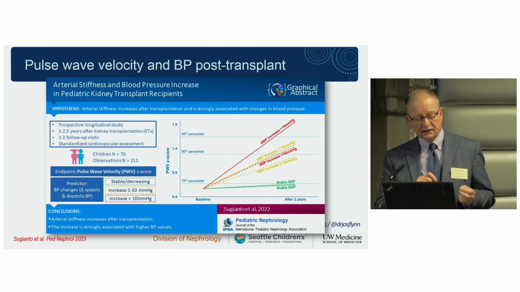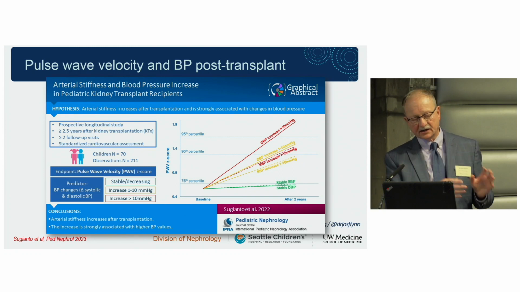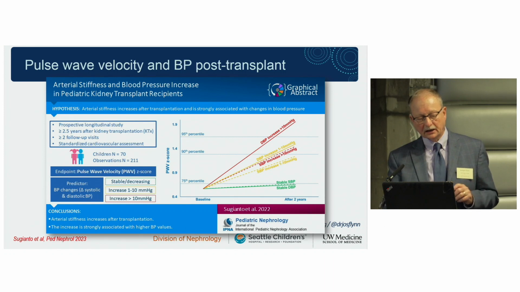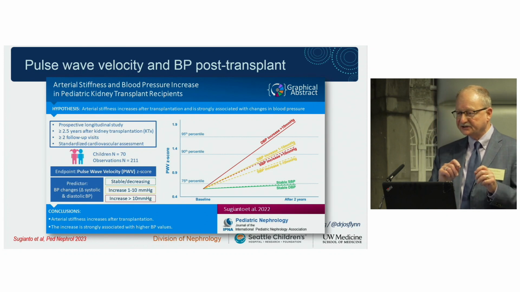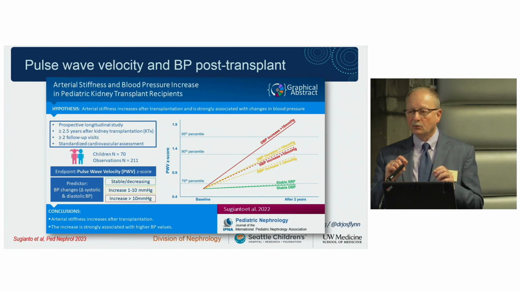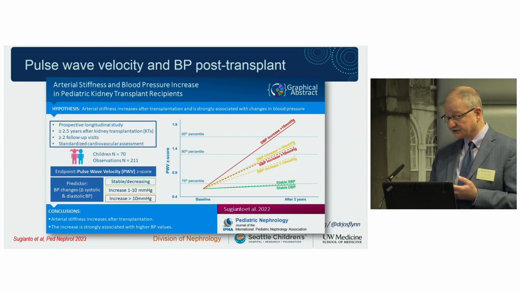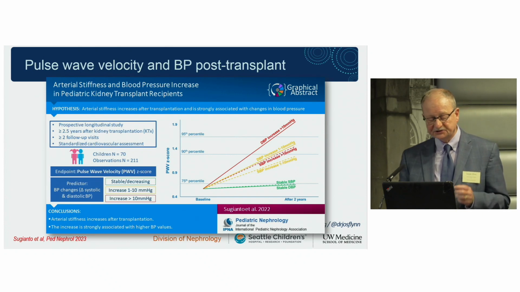We've shown in non-transplant patients from our cohort that patients with increased vascular stiffness tend to have more target organ damage, like LV hypertrophy and even changes in cognition, although that's not published yet.